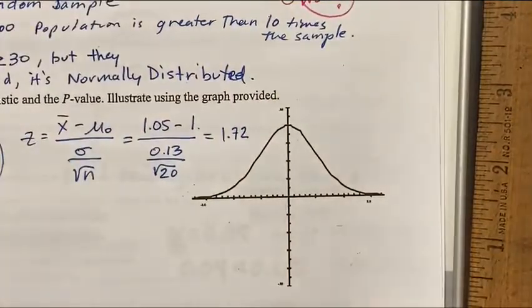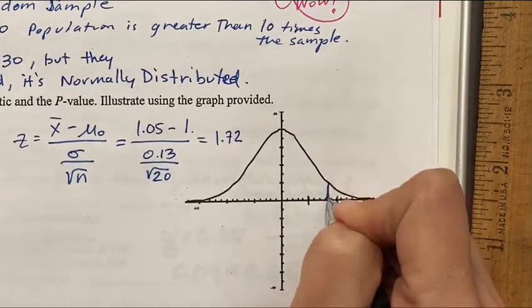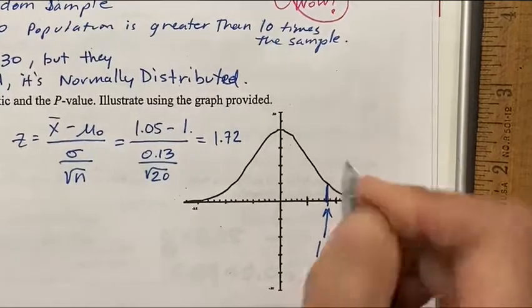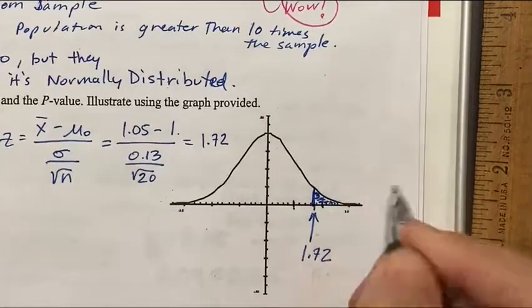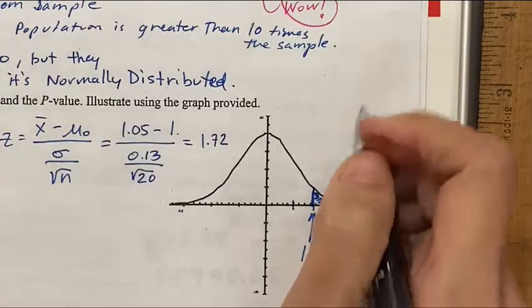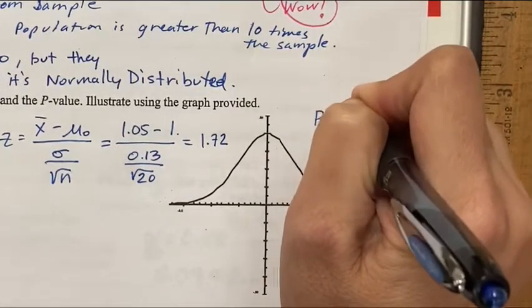So what does that mean? Well, it was somewhere between 1 and 2 standard deviations from the mean, 1.72. So what is the calculated probability? How likely is that to happen if the mean really is 1, but this was the outcome purely by chance? The likelihood of that is the p-value, or the area under that curve.